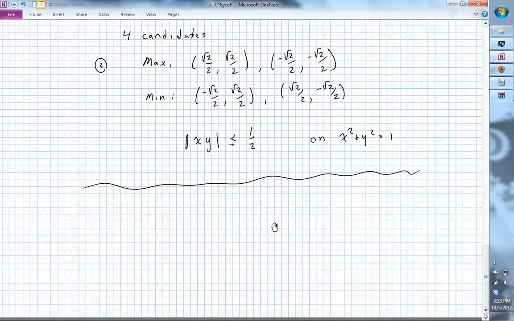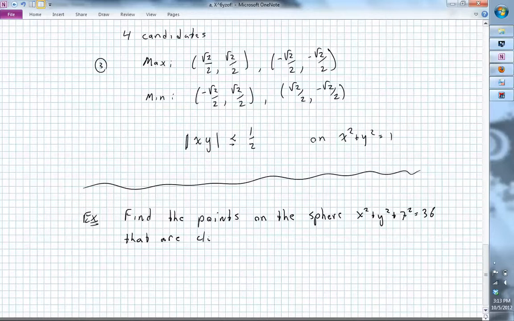So let's find points on the sphere x squared plus y squared plus z squared equals 36 that are closest and farthest from (1, 2, 2).